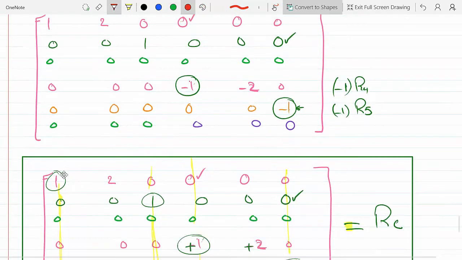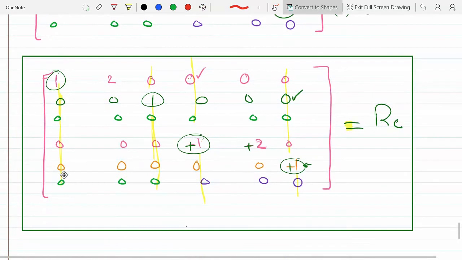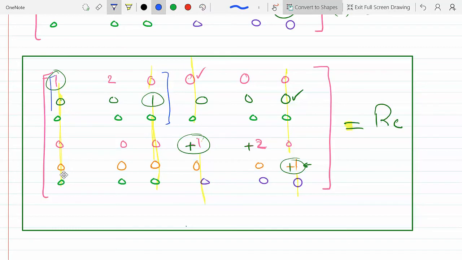Notice, actually, it's an interesting result because in the final answer, let me do it in a more suggestive color. This is A. This is a zero matrix here, so I can write it in blocks.